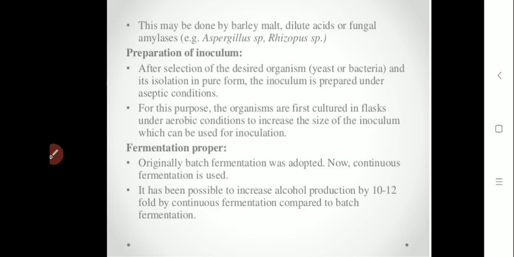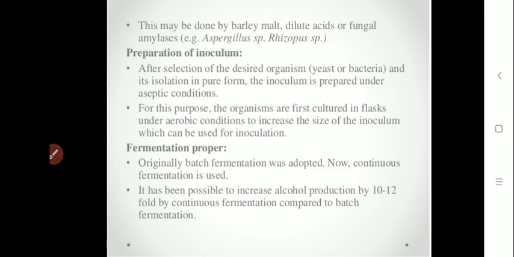Once the nutrients are ready, then we go for the inoculum development. For the development of inoculum, it is very important first to select the microbial strain. Here, as we all know, alcohol production can be carried out by yeast or bacterial strain. Once the strain is selected, then we go for the isolation of pure strain, and then the inoculum is prepared under aseptic conditions.